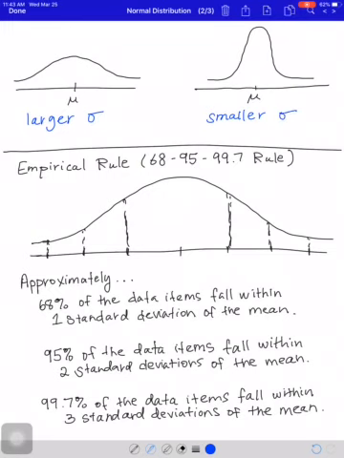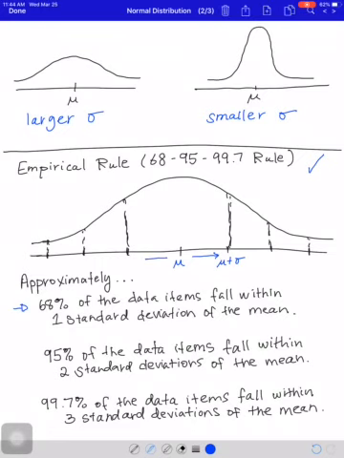And so this one has a smaller standard deviation. And no matter what kind of standard deviation we have, no matter what the mean is, if it's a normal distribution, it's going to follow what's called the empirical rule, or the 68-95-99.7 rule, which tells us, first of all, that approximately 68% of the data items fall within one standard deviation of the mean. So what does this mean? In our curve here, the mean mu is right in the middle, and if I go one standard deviation above mu, this would be mu plus sigma.